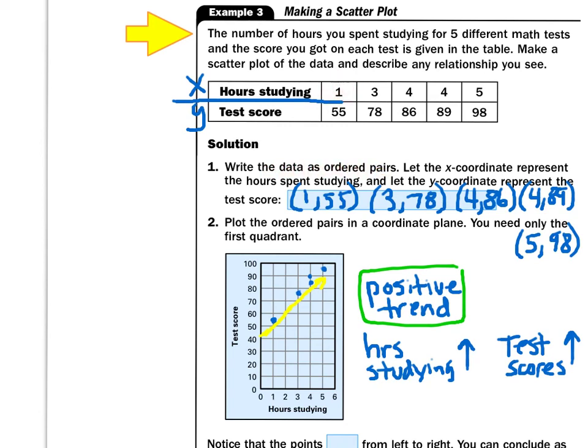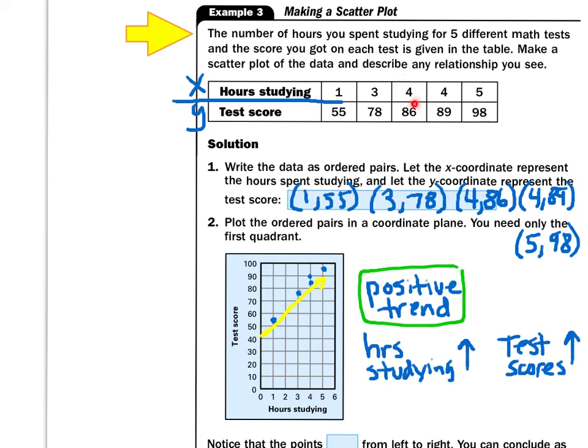This is the x, 1, and this is the y, 55. So we have a point (1, 55) that we can graph. So start at the origin, move to the right 1, and then go up to where 55 would be and draw your dot. And then the next point would be (3, 78), and I wrote it right here. So go to the right 3 and then go up to 78 and draw your dot.